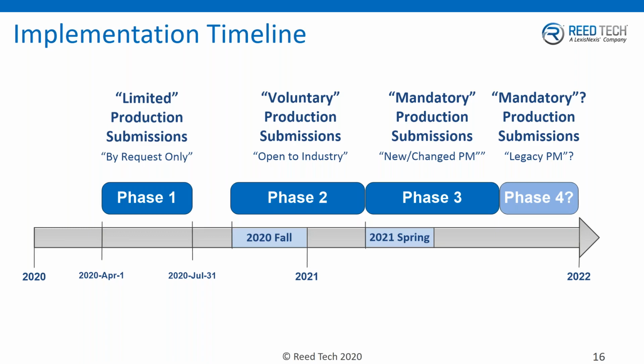And there may be some recommendation to convert your legacy product monograph to XML. We'll wait and see whether or not that ever turns out to be a mandate. But just keep in mind that there may be a point in time where you need to cut over your full inventory.